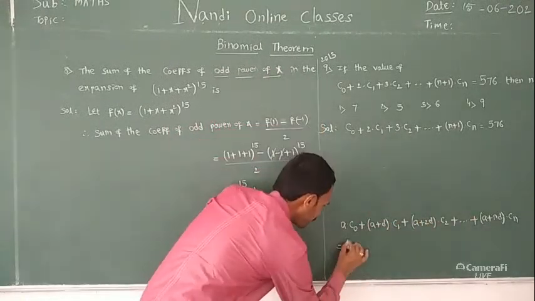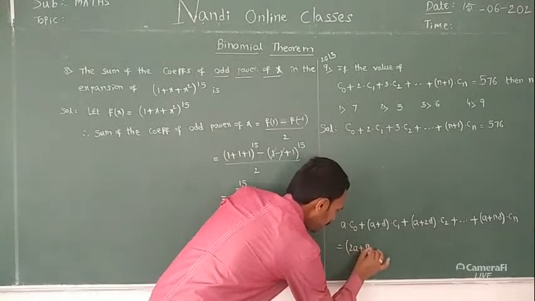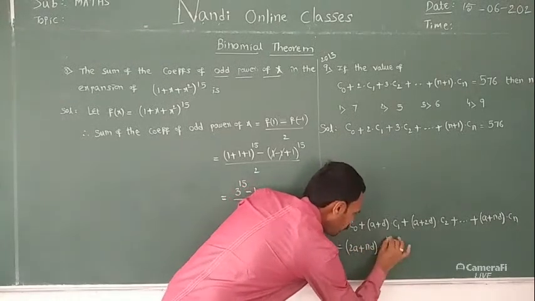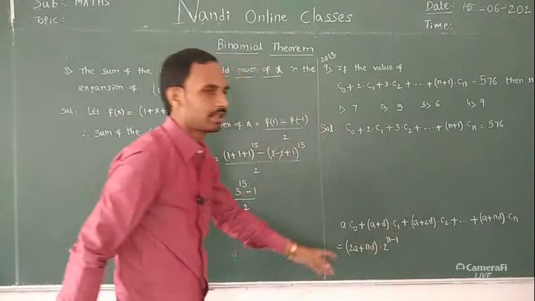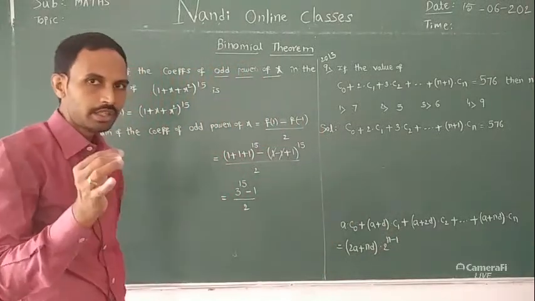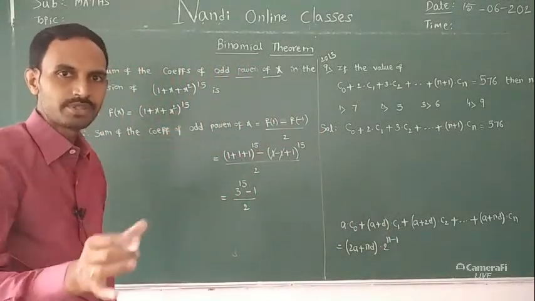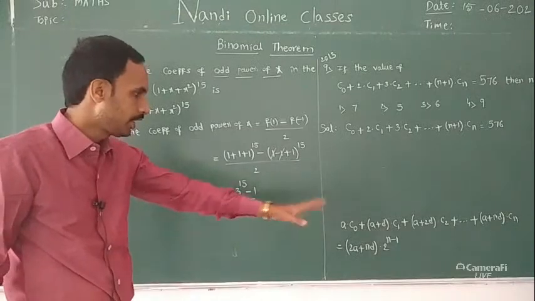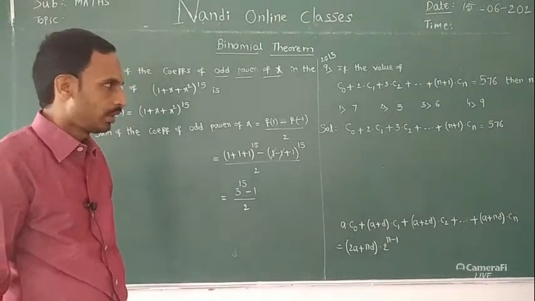The formula is 2A plus nD into 2 power n minus 1. That is the CET formula. Write that formula in the synopsis. 2A plus nD into 2 power n minus 1.